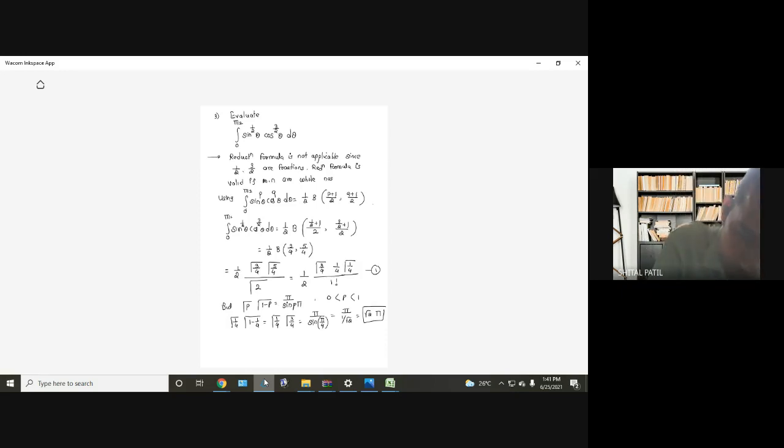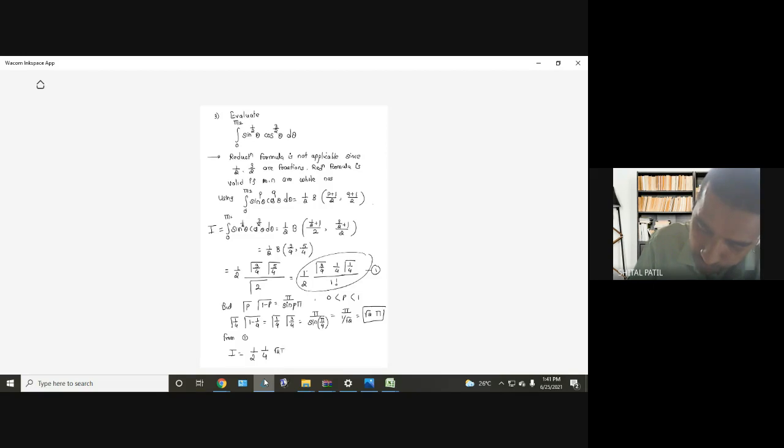So better I should mention I here. This part, huh? 1/2 as it is. 1/4 as it is. What is gamma 3/4 times gamma 1/4?